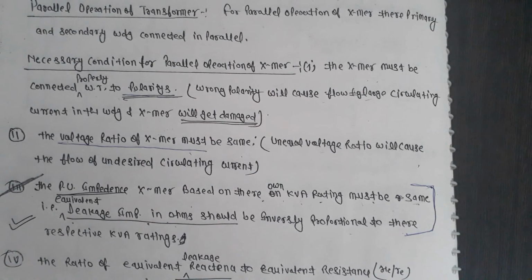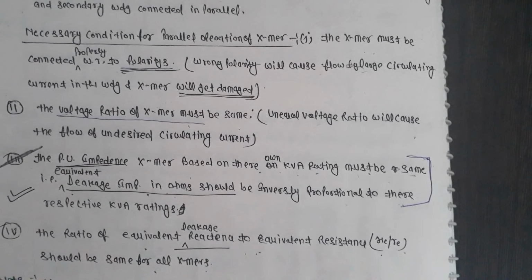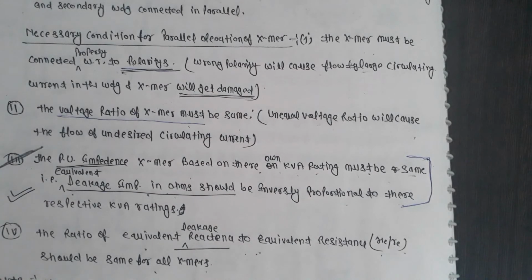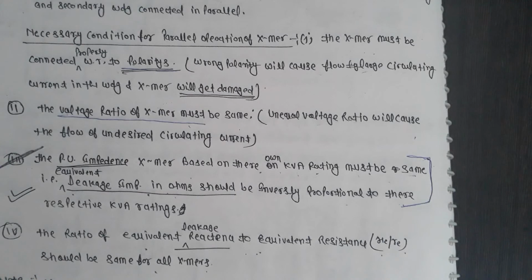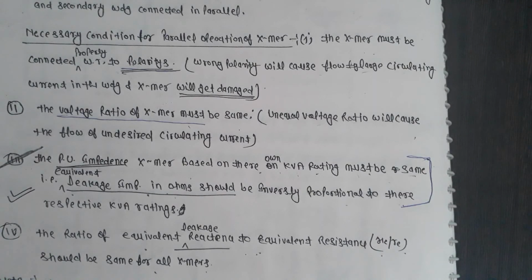And finally, the ratio of equivalent leakage reactance to equivalent resistance should be the same for all transformers. That means the power factor of all the transformers should be the same. If we do not do so, then many problems arise in our transformer. So these are essential conditions which are taken into consideration during parallel operation of two or more transformers.